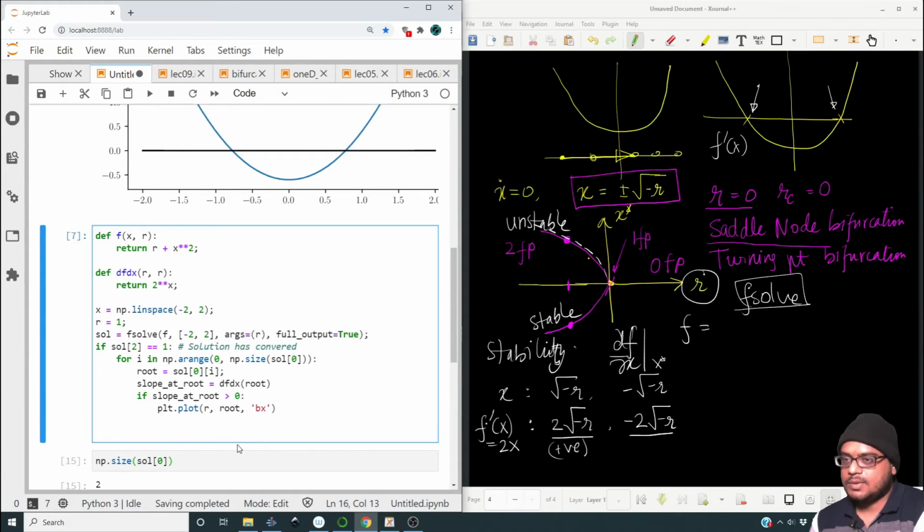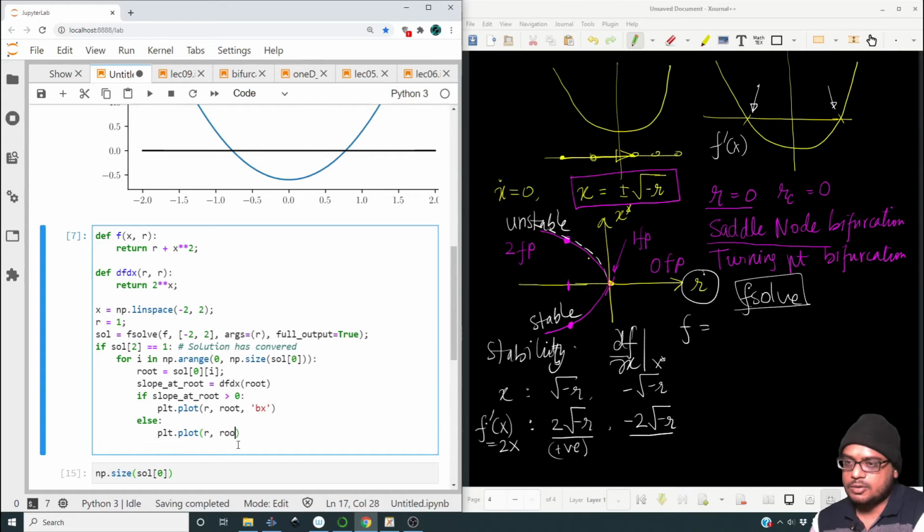Else, plot r, root as a red circle. So if it's a stable root, it will plot a red circle. If it's an unstable root, it will make a blue cross.